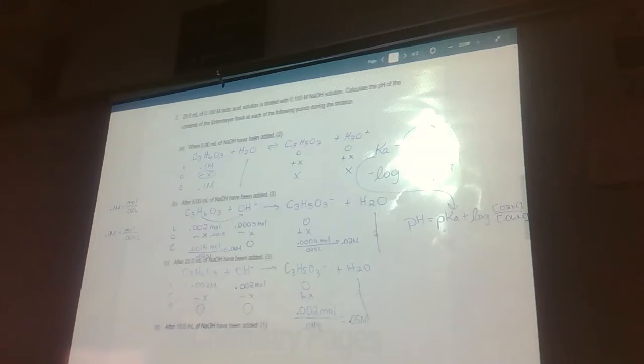This is calculating the pH of a weak base. To calculate the pH of a weak base, kind of like a weak acid, you do Kb equals X squared over 0.05 molar. You solve for X, you can get the pOH.